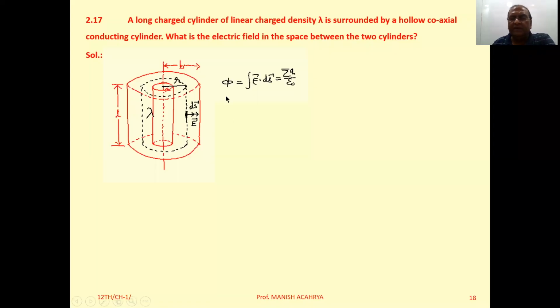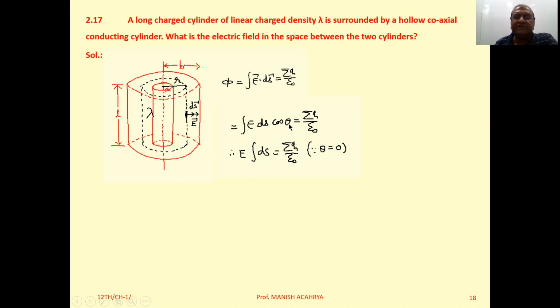Now, as per Gauss's theorem, flux phi, that is integration E dot dS, is equal to sigma q upon epsilon 0. Now E and dS both are in the same direction. So integration E dS cos theta, that is cos 0, that is 1.